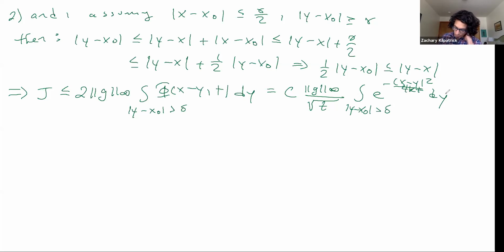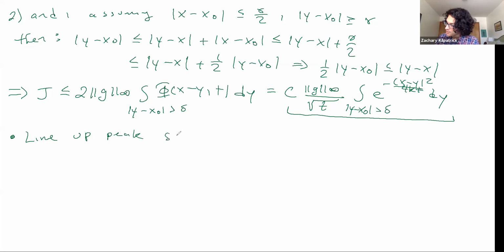And now what I have to do with this part, right, is to figure out how to bound it, okay? I want to make sure that I have lined up the peak, so it is outside the range of integration, okay?